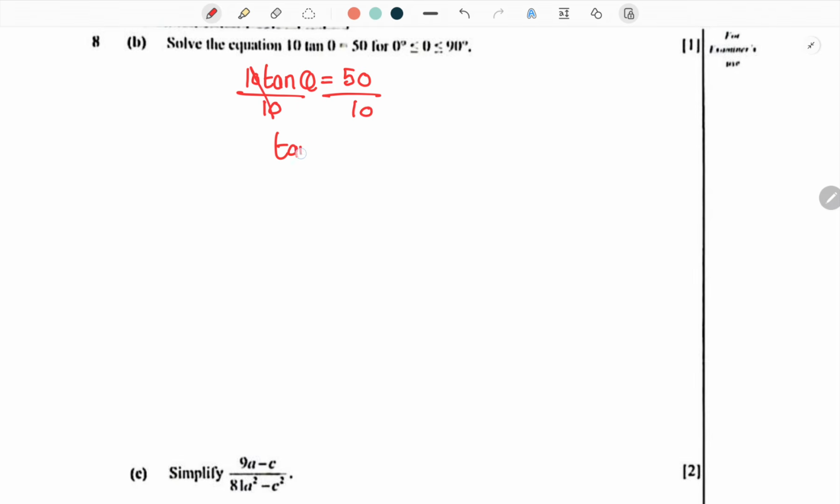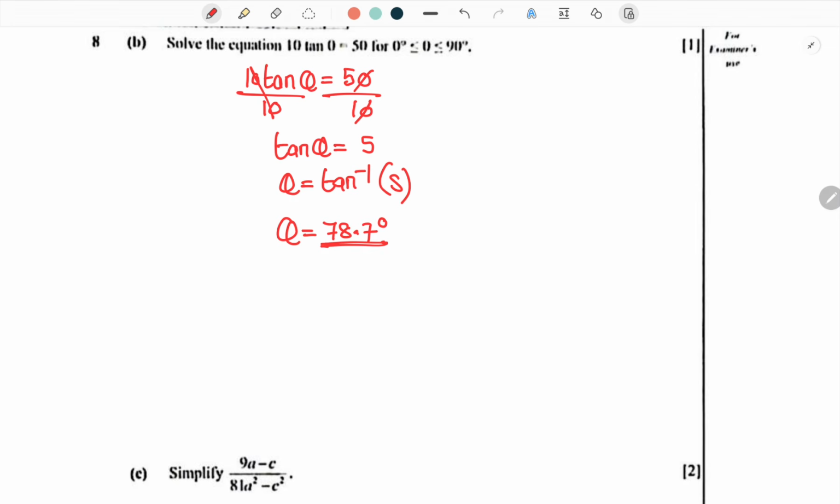So you're going to have tan theta is equal to, you cancel, you're going to have 5. Theta is equal to tan inverse of 5. Theta is going to equal to, so you get your calculator, you say shift, then tan, then you put your 5. You're going to get your 78.7 degrees.